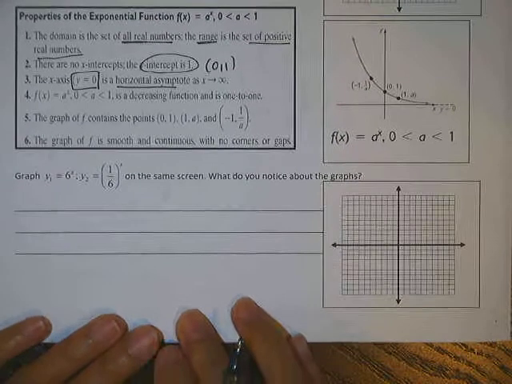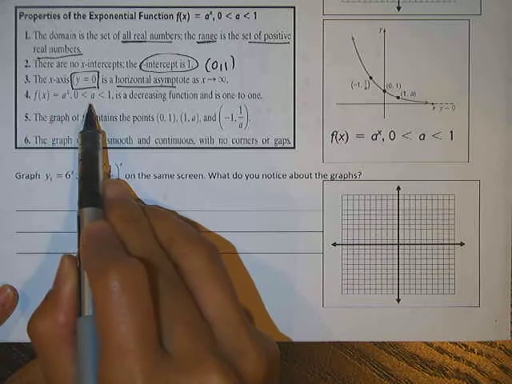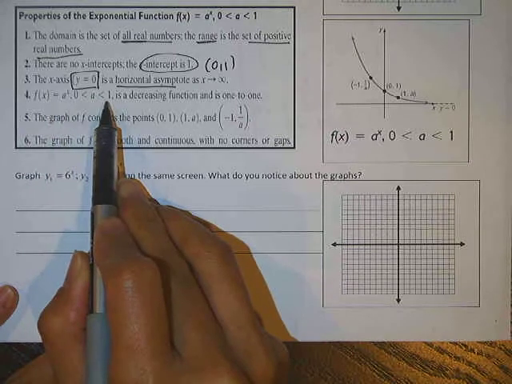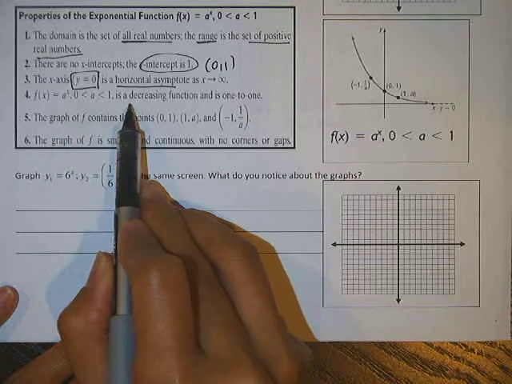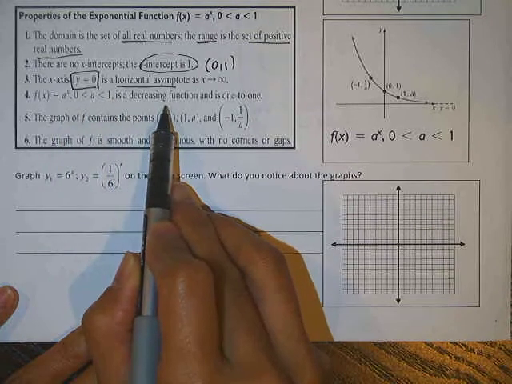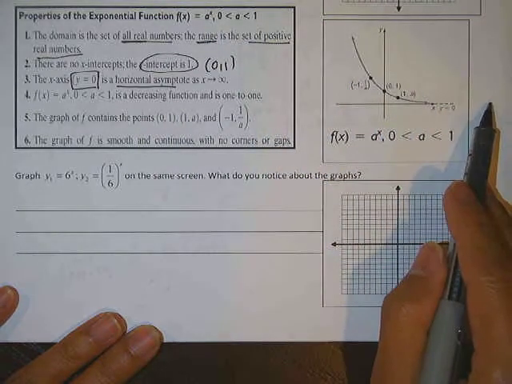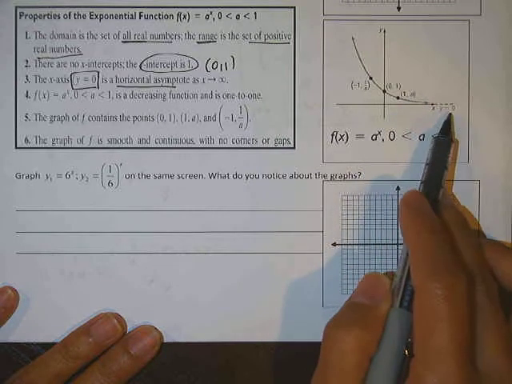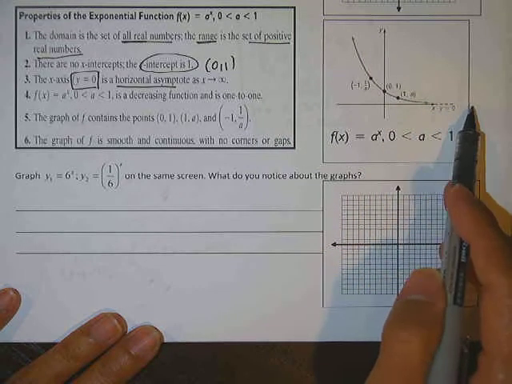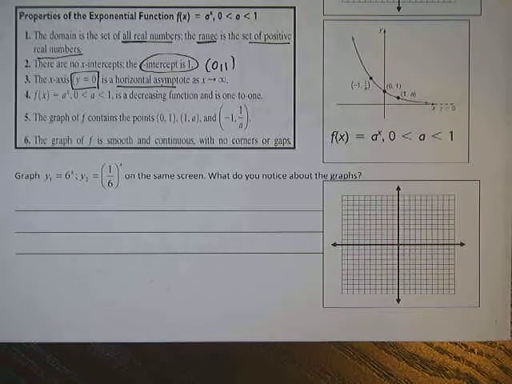Now, this is different from above. F of x equals a to the x, where a is greater than 0 but less than 1, is a decreasing function and is still one-to-one. Notice how as x approaches a really large number, y decreases closer and closer to the x-axis, which is 0. It would never be quite 0, but it gets very, very close.